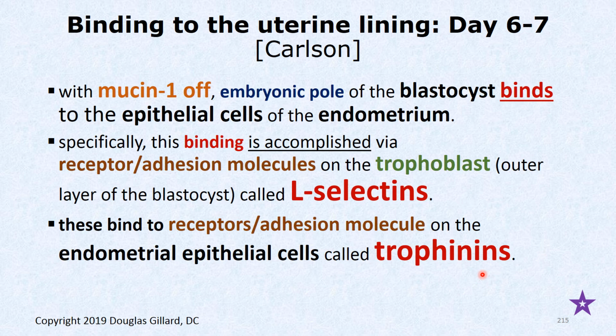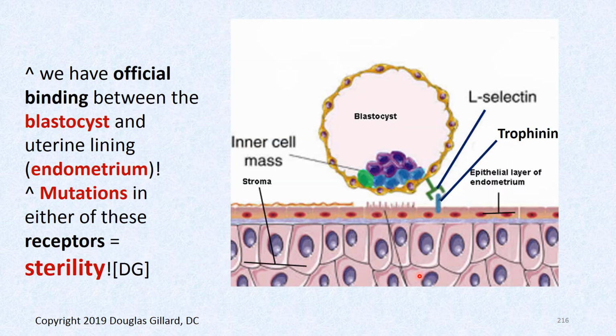More specifically, the trophoblast has receptors called L-selectins. L-selectins bind with trophinins to hook our little creature up with the endometrium. And now we have the first stage of implantation. That's the goal, to get our little fertilized embryo implanted, or I guess we could call it a blastocyst implanted at this point.